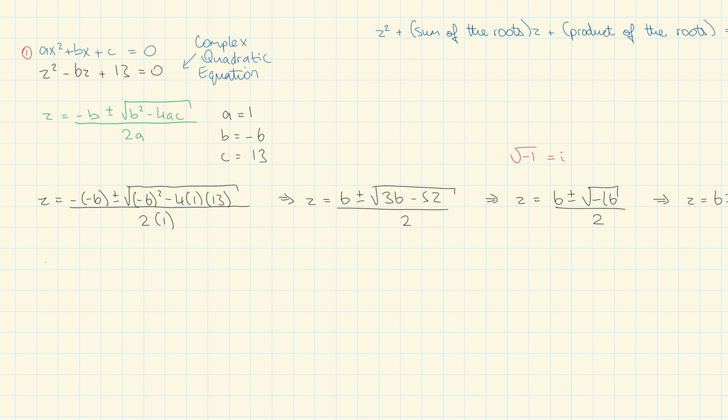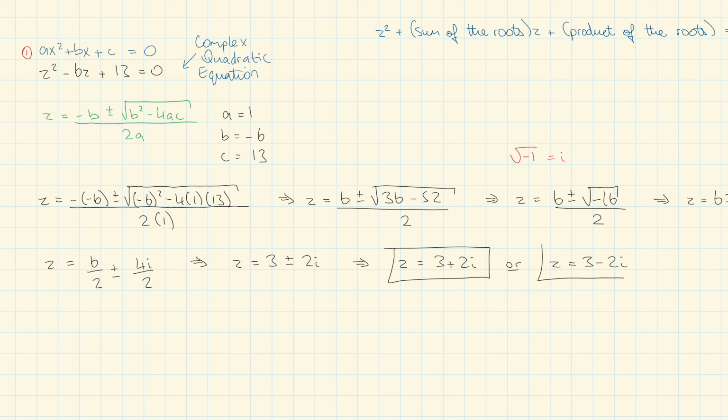So we have 6 over 2 plus or minus 4i over 2, and we'll tidy up one more time. 6 divided by 2 is 3, 4 divided by 2 is 2, so it's 3 plus or minus 2i. So we get z equals 3 plus 2i, or z is equal to 3 minus 2i. There's my two roots, and that's my two answers. It was a quadratic equation, just in complex form, that's all. But we got our two roots, so that's us done.